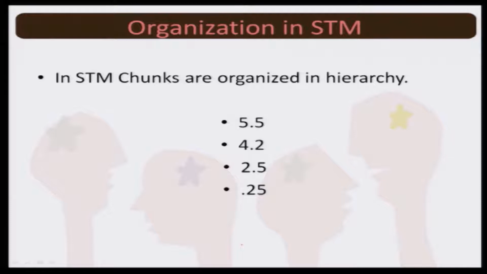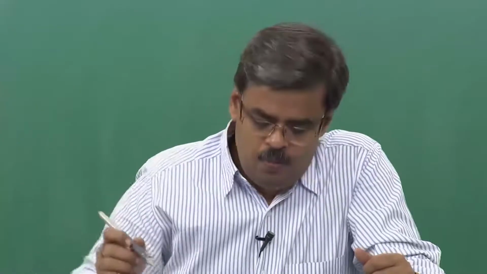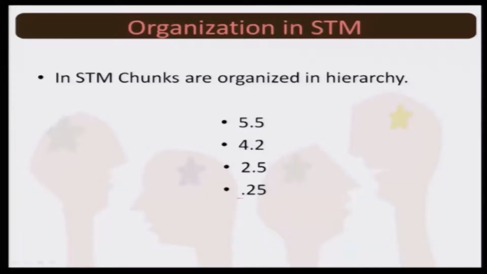What is also very interesting to know is that the chunks that we form are organized in a hierarchy in the short term memory. If you try to disorganize it, then storage becomes problematic. Now, you see on your screen 0.25. The moment you go up, you realize that the decimal place has changed.